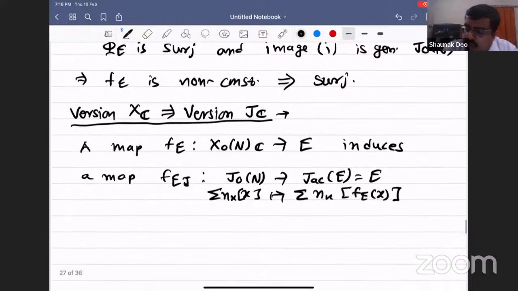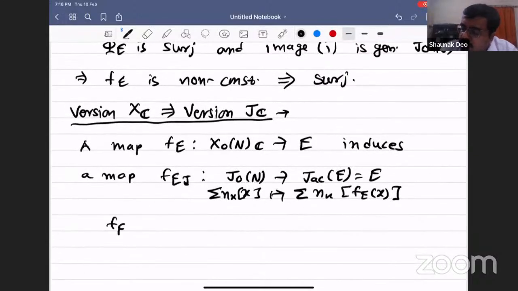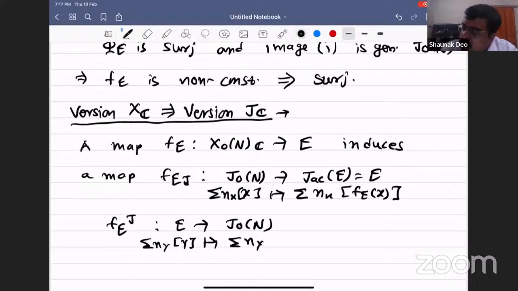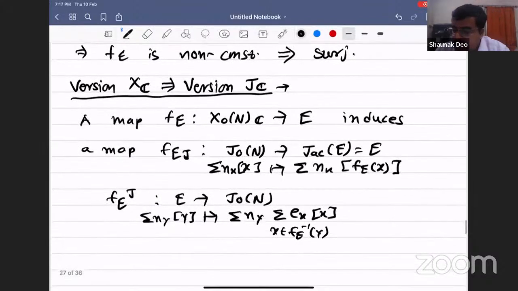So this is F_EJ, and you can also have a map in the reverse direction from E to J0 of n. This is again between Jacobians, but the Jacobian of E is E because E is an elliptic curve. So you have something like summation n_y y, which goes to summation n_y times summation e_x x, where x is in F_E inverse of y, and e_x is the ramification index.